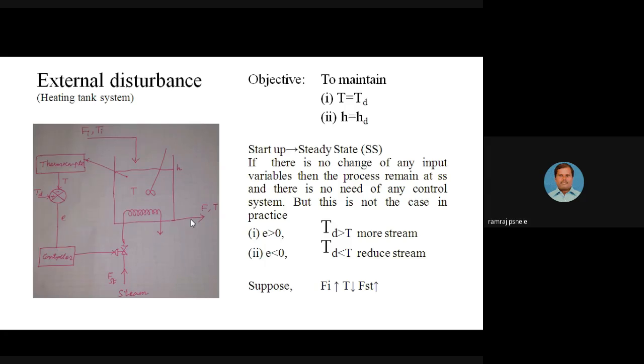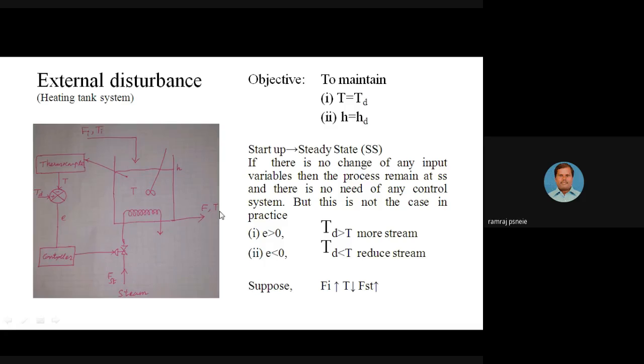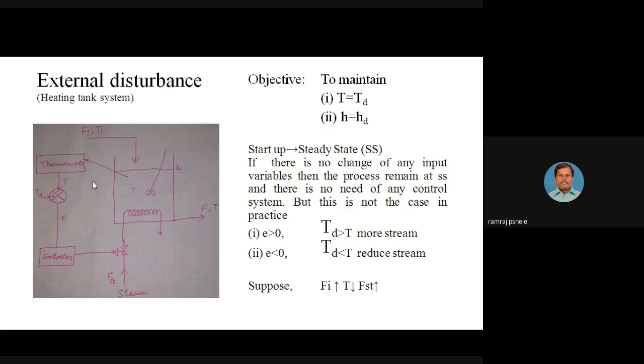The process will reach the steady state means the liquid is coming in with a particular value of temperature, and the level will be maintained at a particular liquid height. These values will be maintained at the steady state.